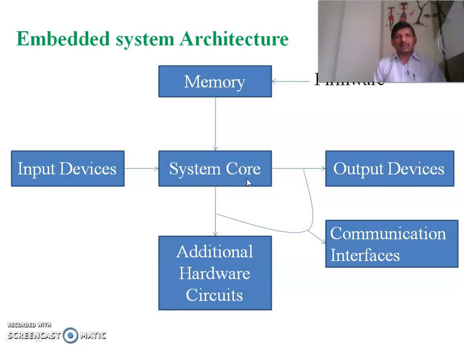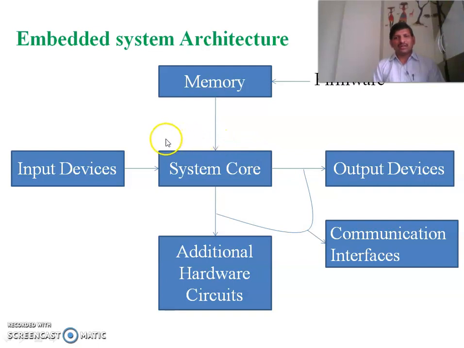Next, application specific integrated circuits, programmable logic array, programmable array logic, complex programmable logic devices, field programmable gate arrays, or system on chips or programmable system on chips, and commercial off the shelf components.